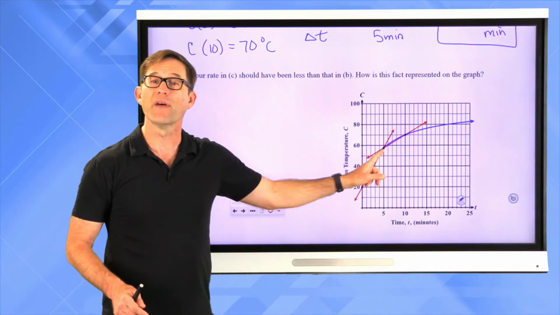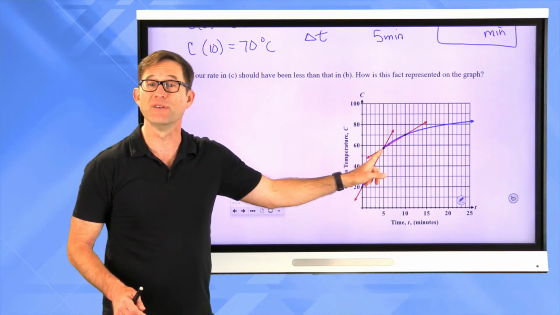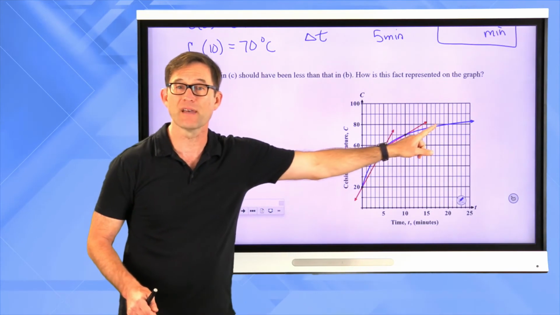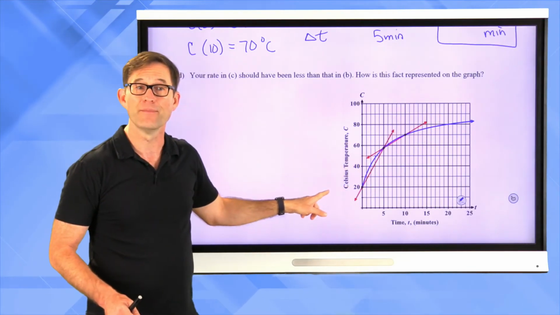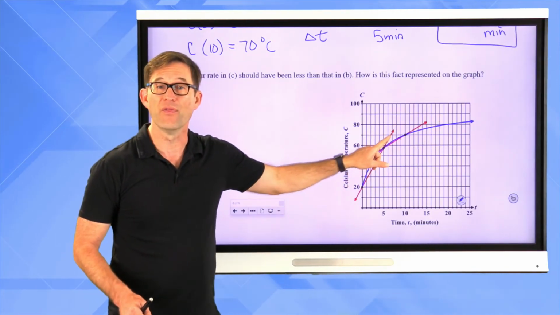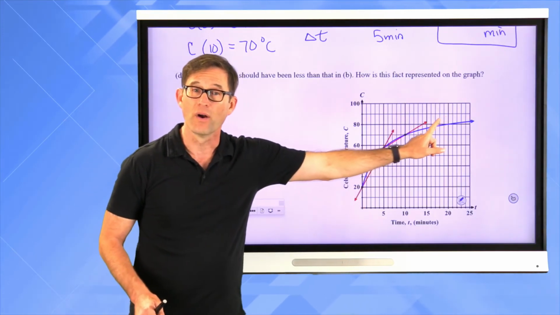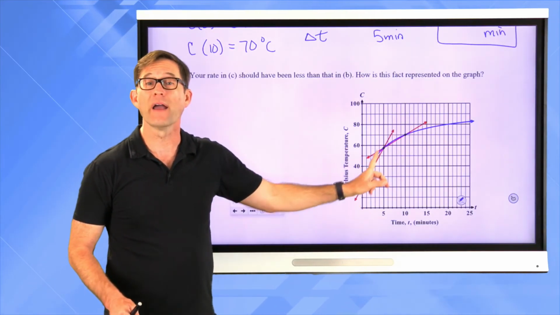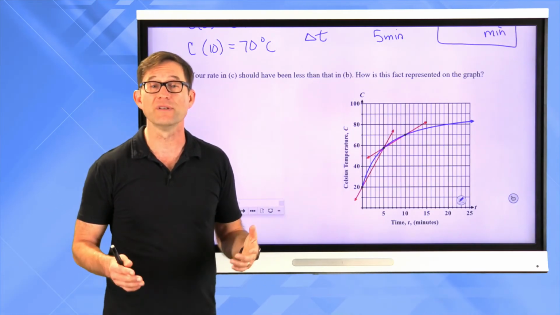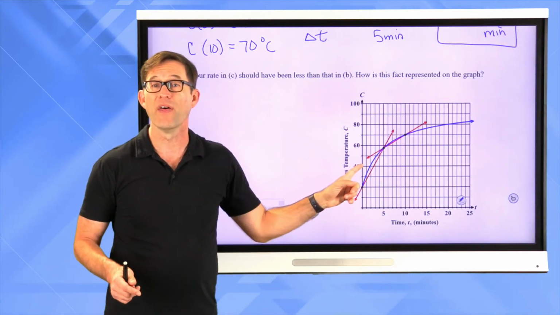If I then connect the point at 5, 57.5 with 10, 70, I get that line. And the plain fact is, this line is much steeper than that one, and a steeper line indicates a line that increases more rapidly.